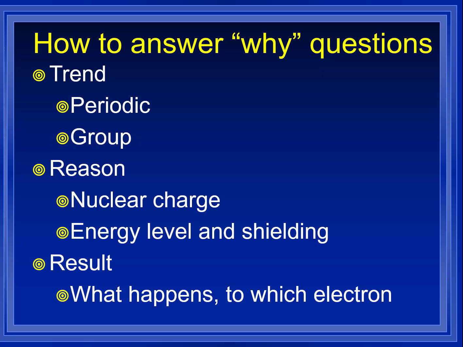If it's a periodic trend, the reason is going to be because of nuclear charge. Extra protons pulling. If it's a group trend, it's going to be because of energy levels and shielding. And when you're answering why questions, I need to see that you understand what we're talking about in the atom.